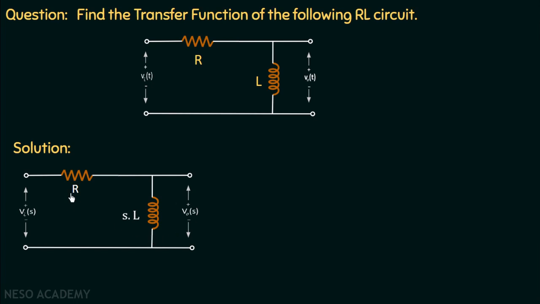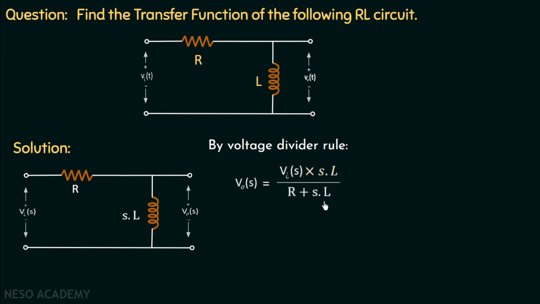And we know the resistor and inductor are connected in series, and that's why the voltage gets divided. So we can find out the output voltage which is measured across the inductor by using the voltage divider rule, and it is given as Vout is equal to Vin(s), which is the total input voltage, multiplied with the impedance of inductor, which is equal to sL, divided by the total impedance of the circuit, which is R plus sL.